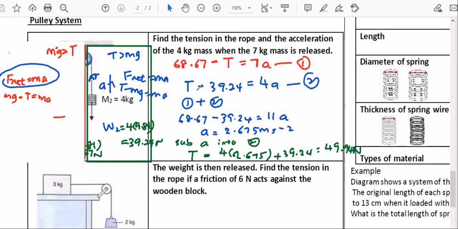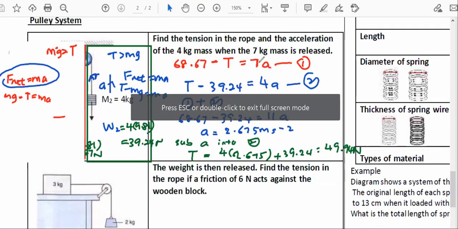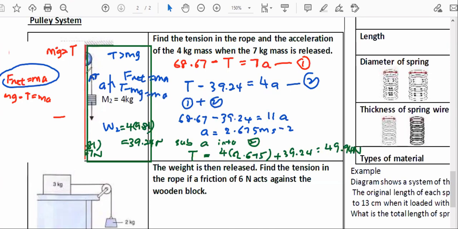The other easier way is that you use one formula first, and later when you want to find more information, like in this case you need to find both tension and acceleration, so you form two equations. You can also use one equation first and later form another. That method also works, but I find sometimes you'll be confused, so I teach you one method that will do. Okay, has everyone written it down already? So I move on to the next.